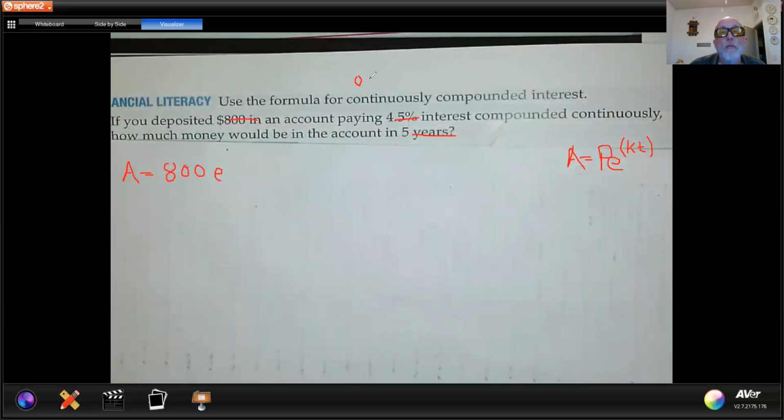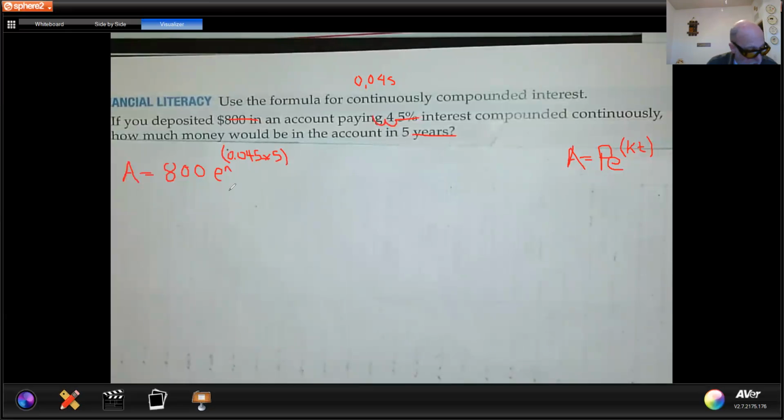If I move the decimal twice, 1, 2, then that's going to be 0.045. And then times t, that would be multiplied times 5. Now all of this is inside parentheses because all of this is the exponent, right?